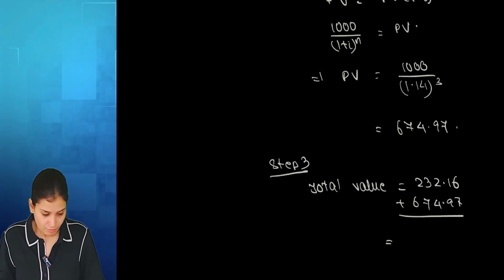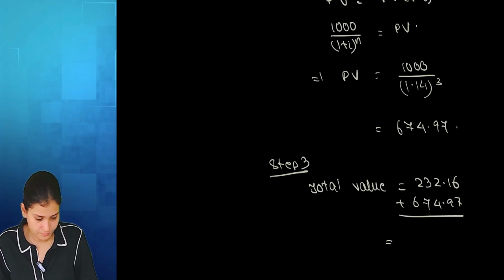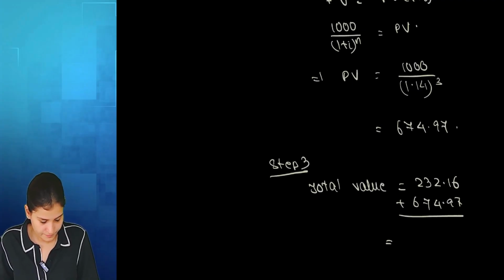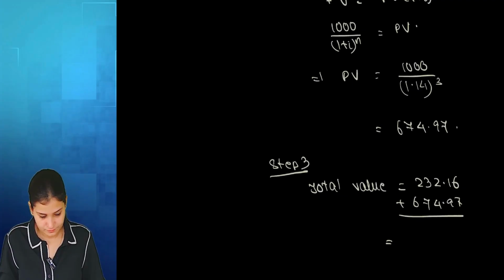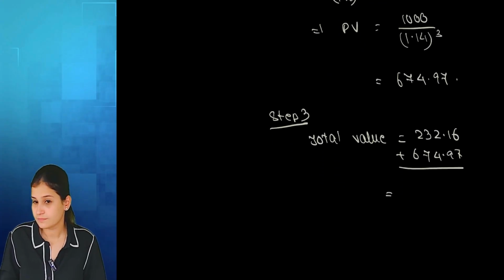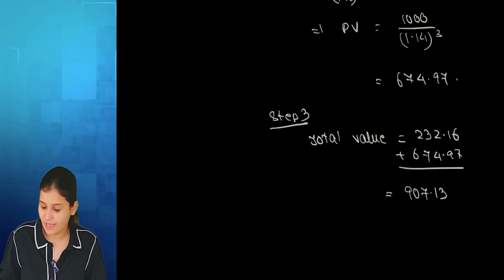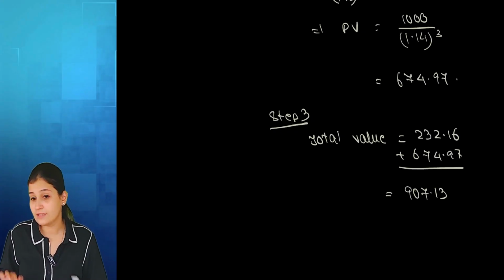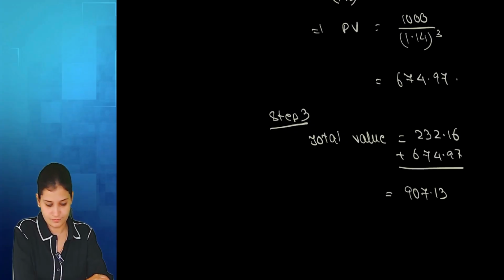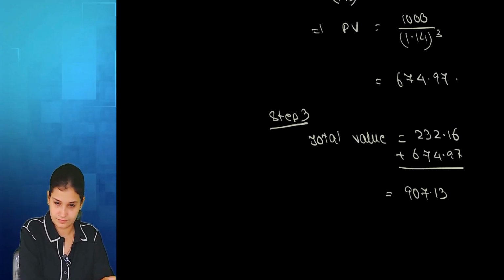Answer: 907.1. This is the value of the debenture. So against 1000, this is the value of money.